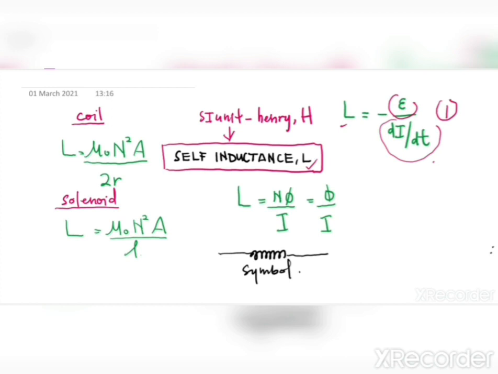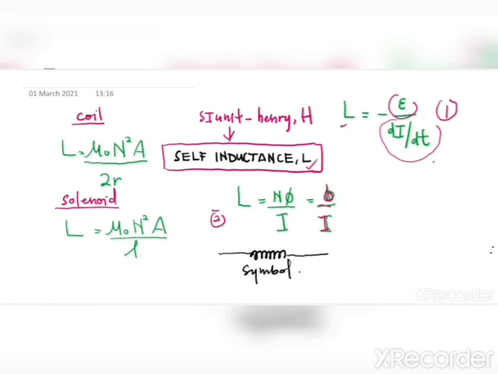For the second formula, we know that through the inductor, we have the flux linkage. So the self-inductance L for the second formula is actually the number of turns times the magnetic flux divided by the current in the coil, or we can also rewrite the equation in terms of magnetic flux linkage per current.